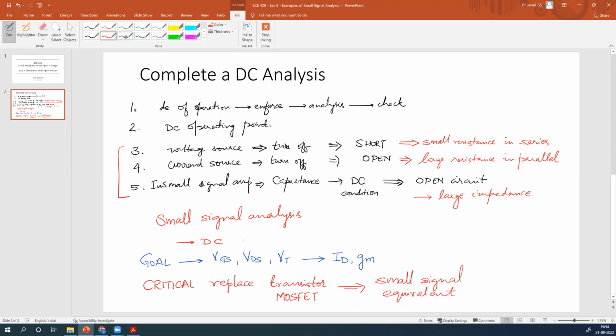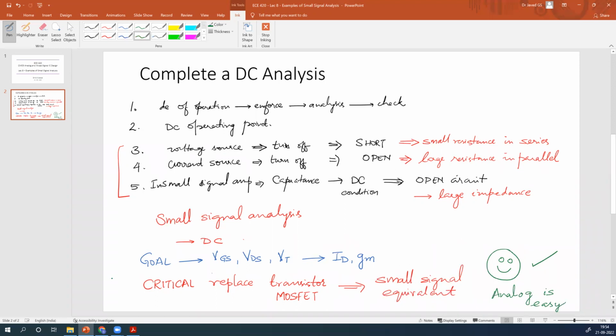Now, note this is the one which can trouble you. But if you get this right, analog design is simple and becomes very easy. So this is the critical phase that you will have to understand.